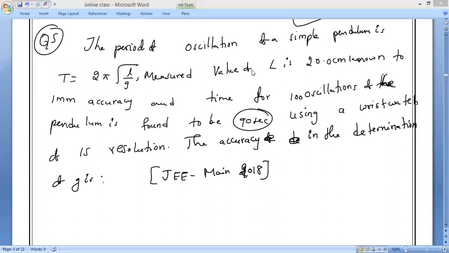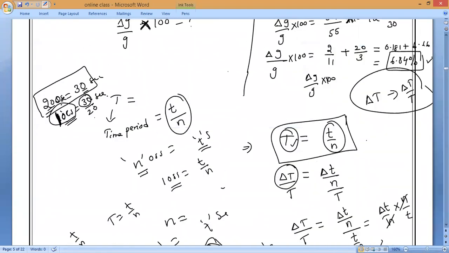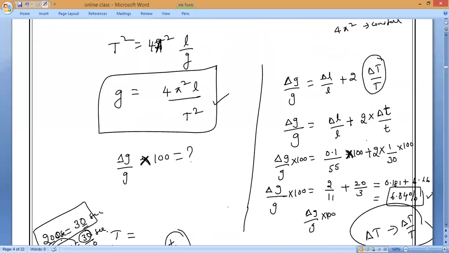Okay, Rudreswar, no issues. So you can see here, before question, have you understood this delta T by T, capital T by T is equals to delta small t divided by small t? You can divide with T on both sides. That's all it is. Clear? Then you substitute and you will get the answer. They have given a wristwatch.